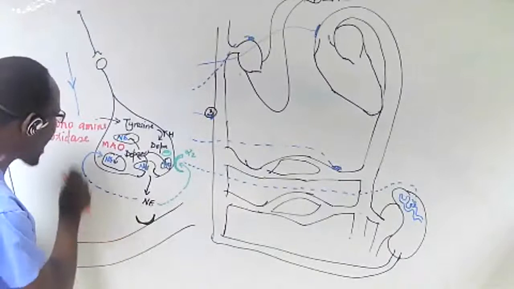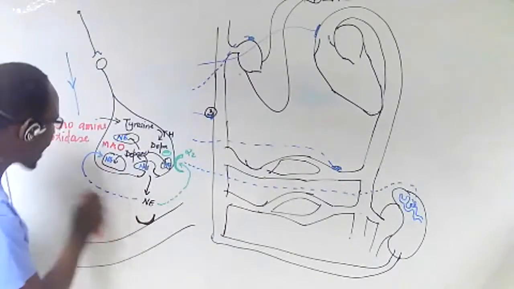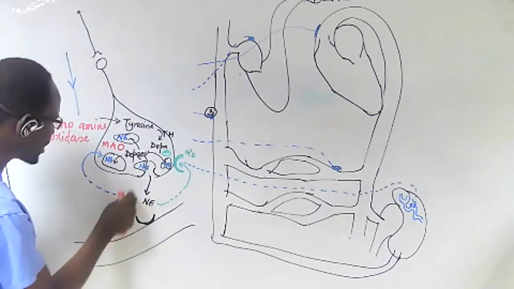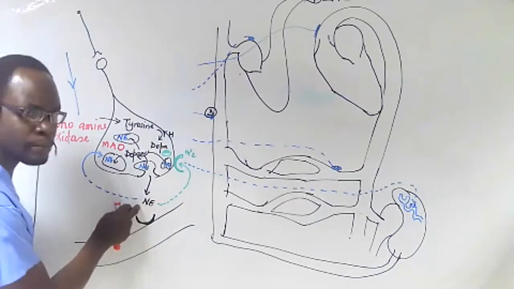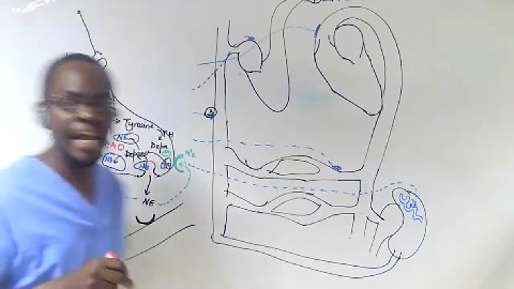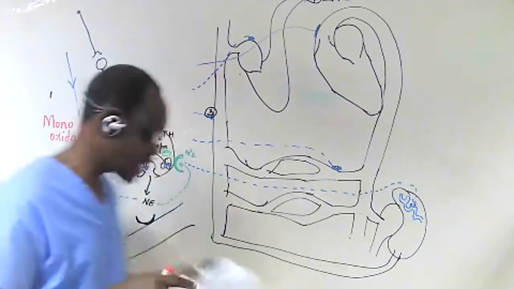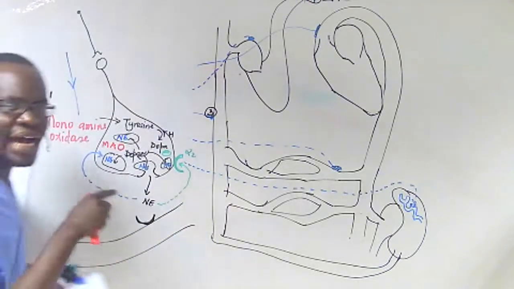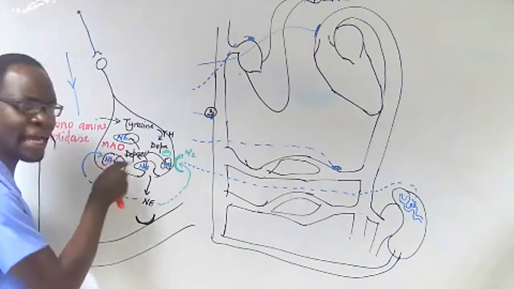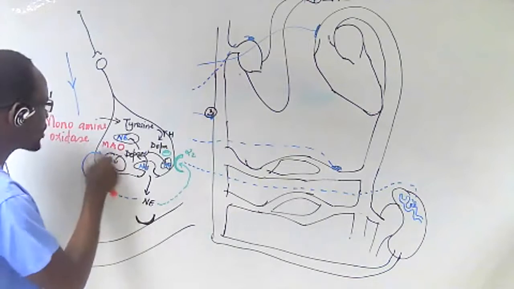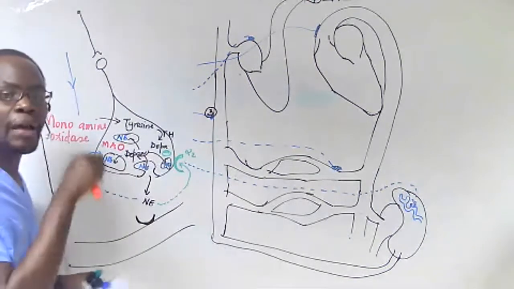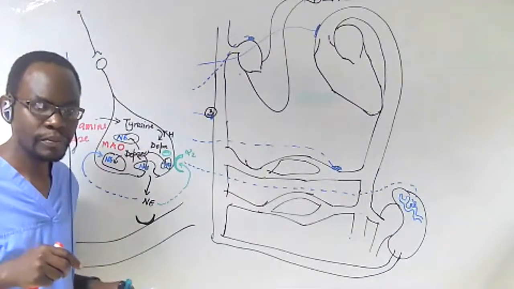Those drugs are pumped by this mechanism that basically pumps norepinephrine into the nerve ending, and later they are pumped by the monoamine transport mechanism into the vesicles themselves.